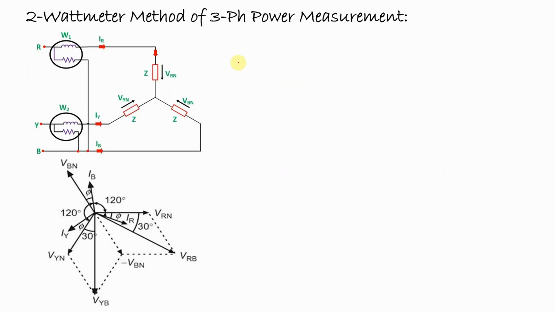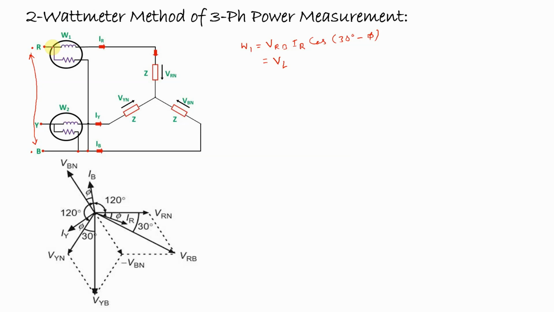The reading of the first wattmeter that we have already discussed will be VRB into IR into cos(30 degrees minus phi), where VRB means the voltage between phase R and phase B. This is nothing but the line voltage, so you can write it as VL.